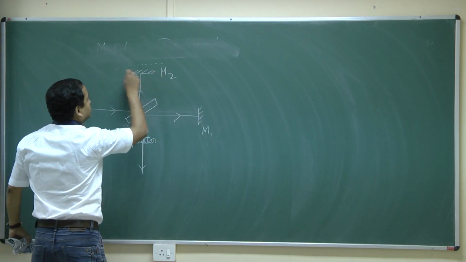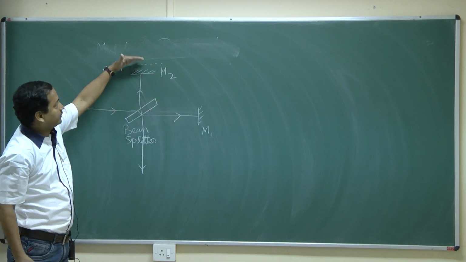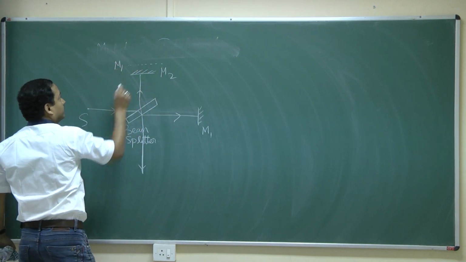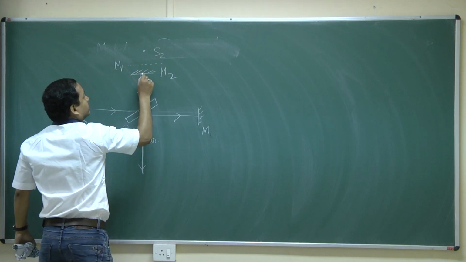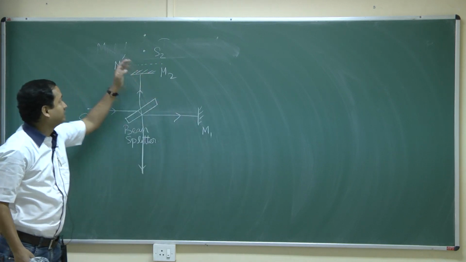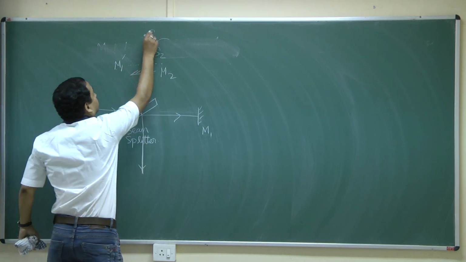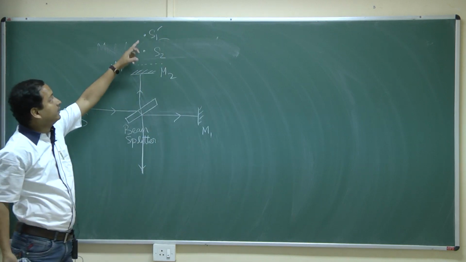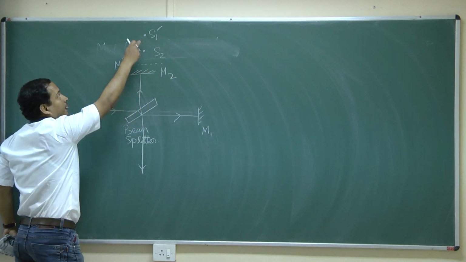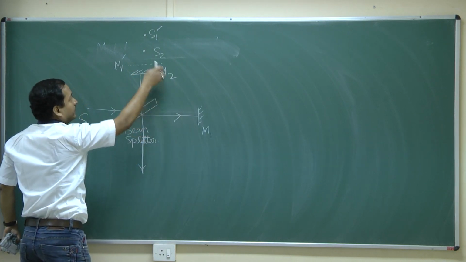So the mirror image of this mirror will be somewhere here, and if these two mirrors are exactly 90 degrees to each other, the image will also be parallel, and the virtual sources you get from this mirror, M1 prime, is where M1 would effectively be to an observer. So it will produce two virtual sources, S2 and S1 prime. S2 is the image of source S due to mirror M2, and S1 prime is the image of source S due to reflection from mirror M1 prime.